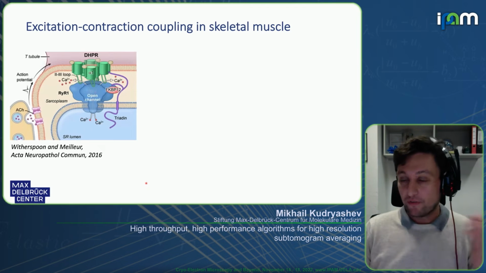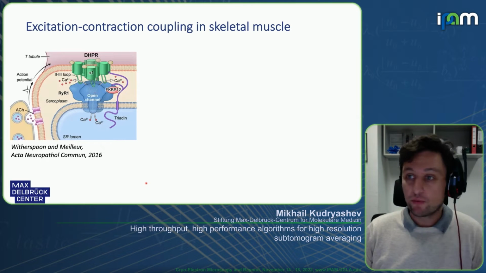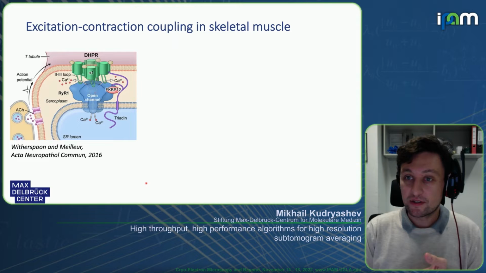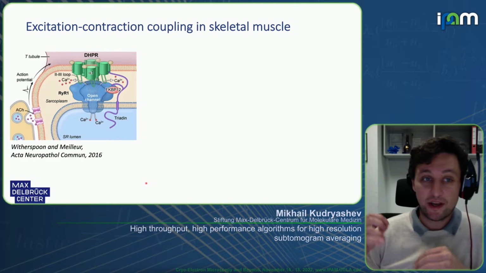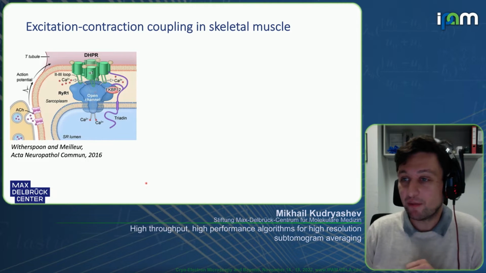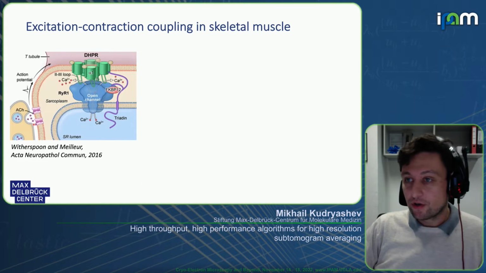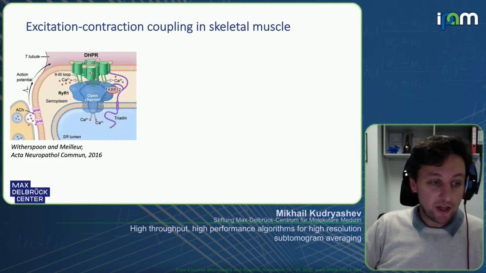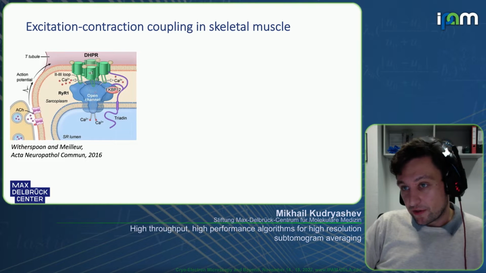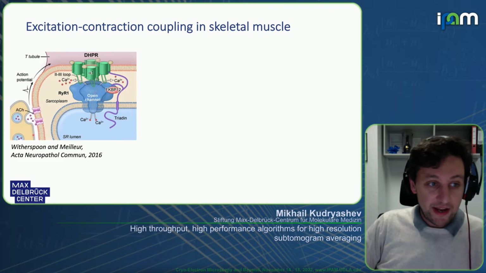Okay, so I want to give you one example of what we do. It's a protein that is a part of the excitation-contraction coupling in skeletal muscle. Don't be afraid of this. It's actually very simple. So a motor neuron sends a signal to a skeletal cell, this generates an action potential.